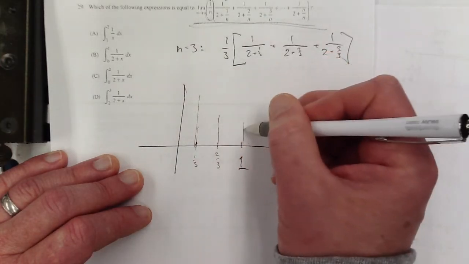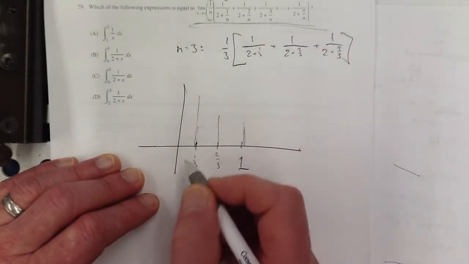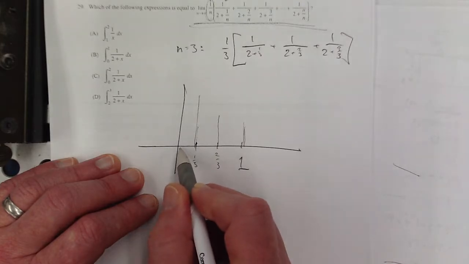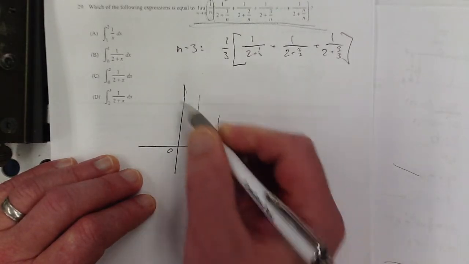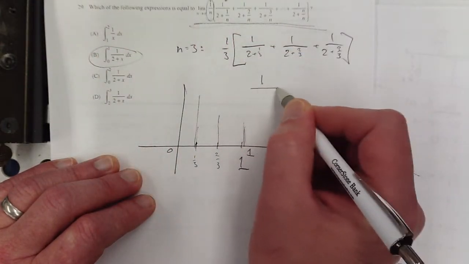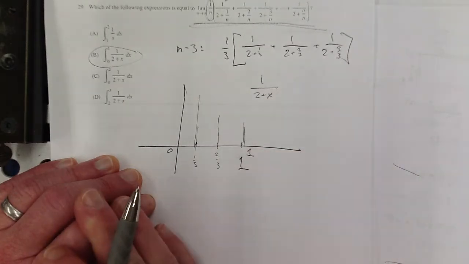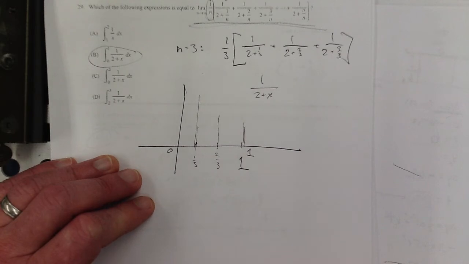Sorry, they'd be looking more like that. So what is happening here? It looks like this is the integral from 0 to 1 of 1 over 2 plus x. Does that do it? No, I don't think that does it.